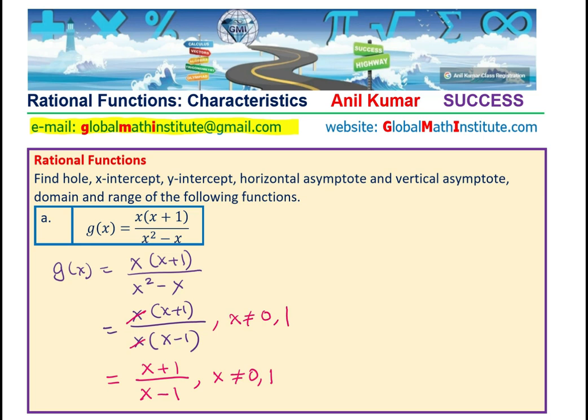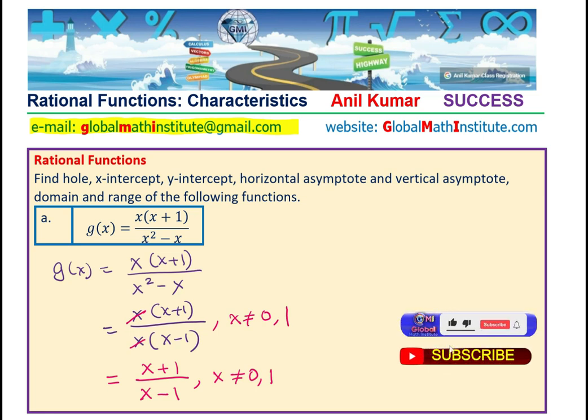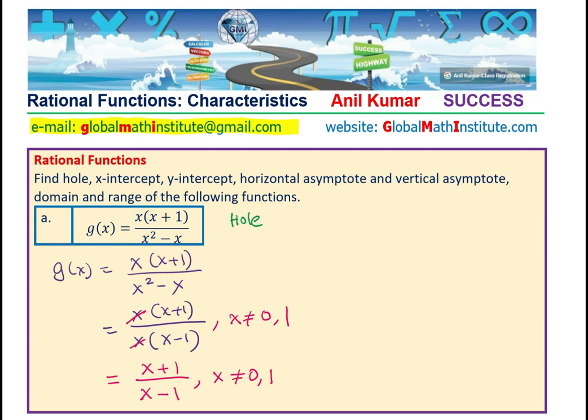That gives us a couple of characteristics, and the very first one, which we found here, is the hole, right? So let me change things. So we'll say, well, the hole here is at x equals 0. So what happens when we put 0 here? To find the hole, I will substitute 0 in the simplified expression, right? So that gives me 0 plus 1 over 0 minus 1, which is minus 1.